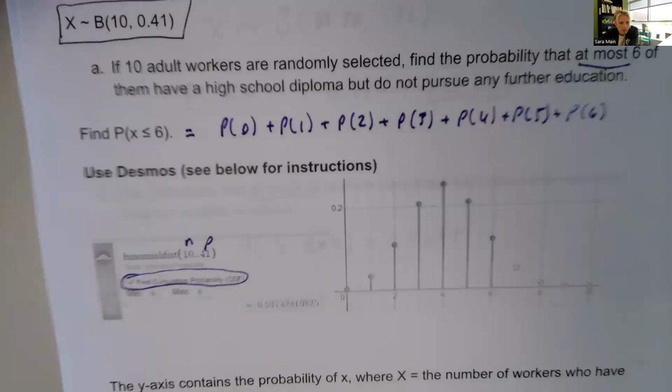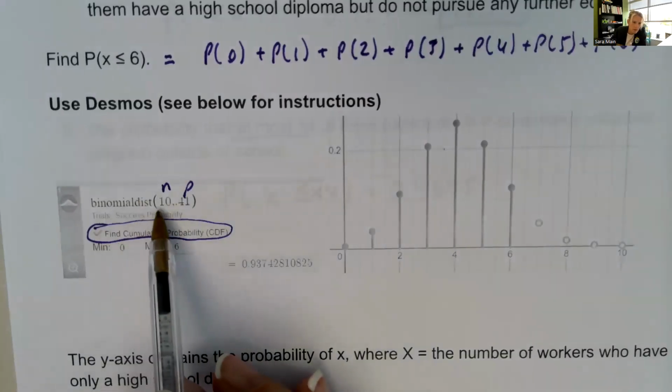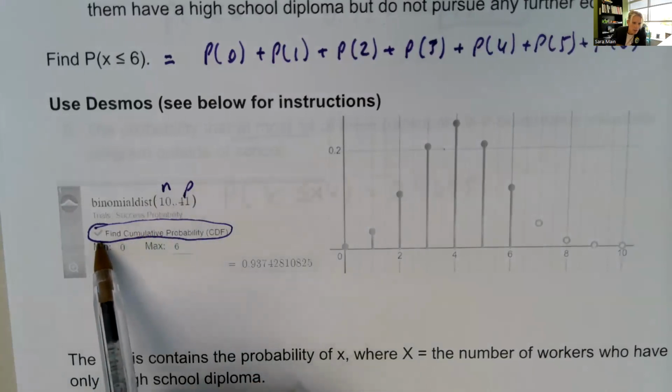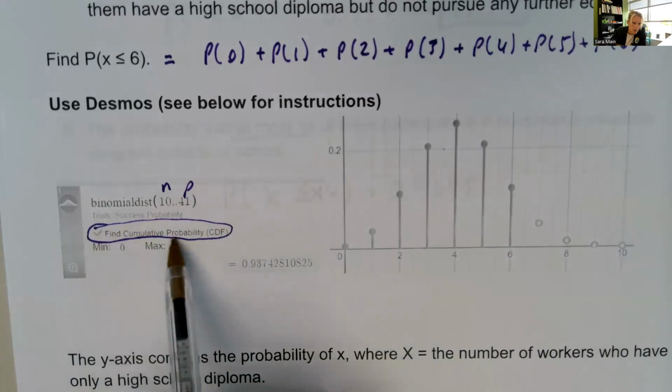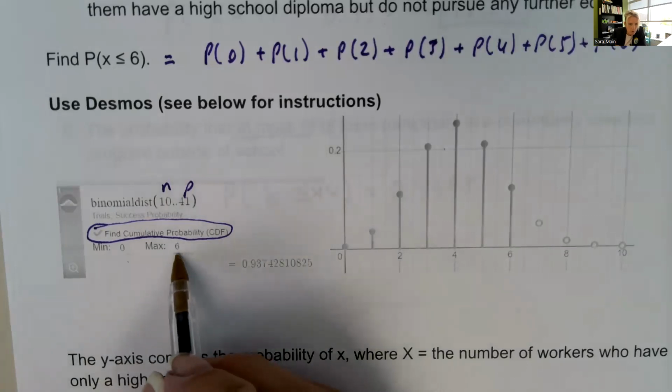So Desmos has this command, binomial dist of n comma p. Make sure that you check the box for cumulative if you want to find a group of them together. And our minimum here would be 0, and we want it to go through 6.